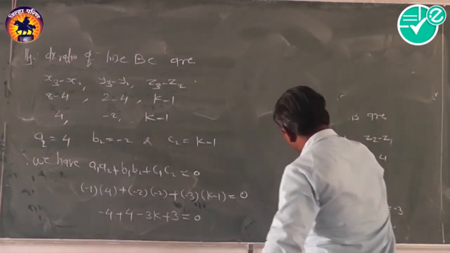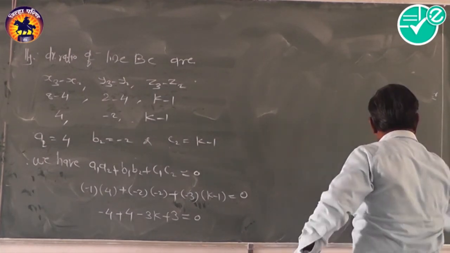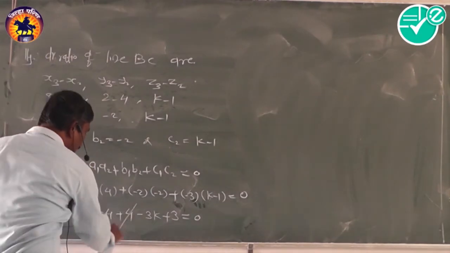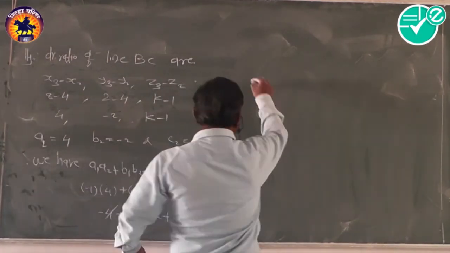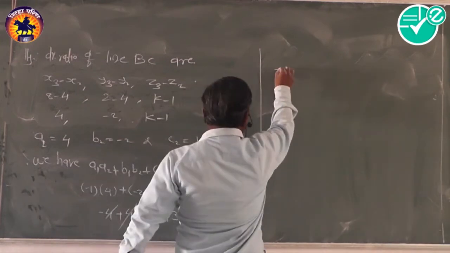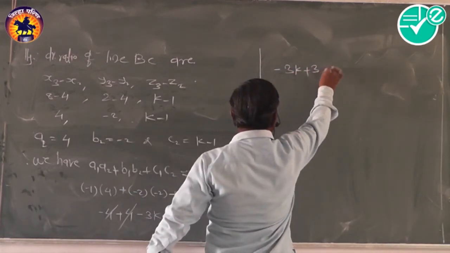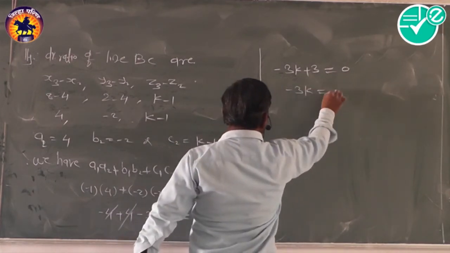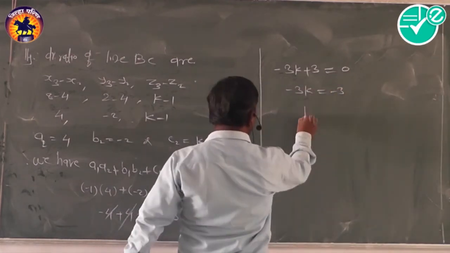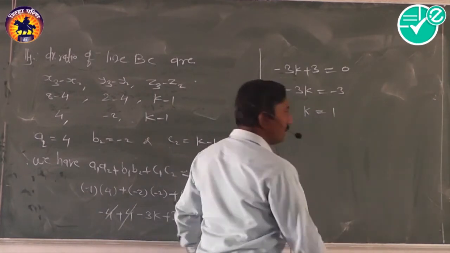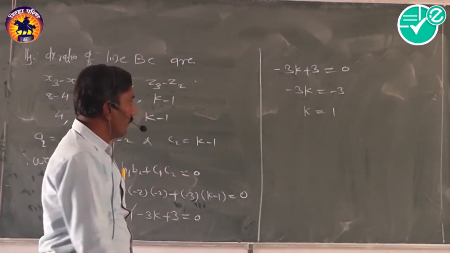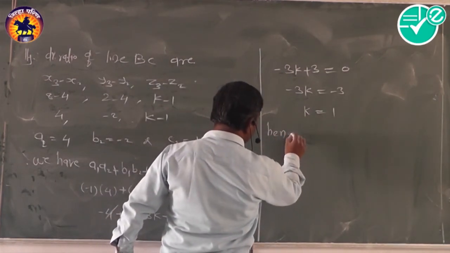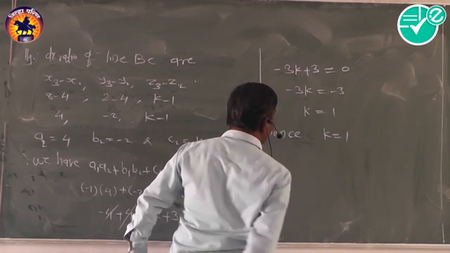Now we get the required answer. The 4 gets cancelled. So minus 3k plus 3 is equal to 0. Now minus 3k is equal to minus 3, that is k is equal to 1. Hence k is equal to 1.